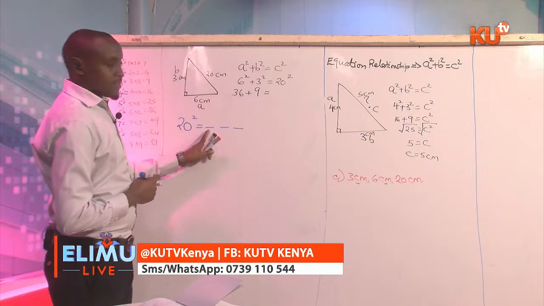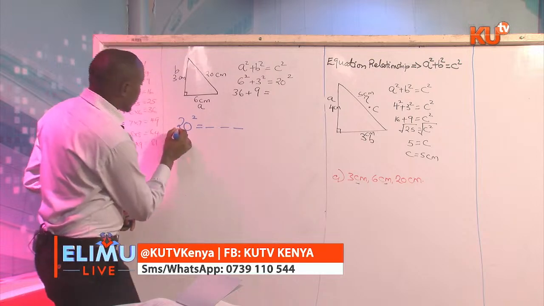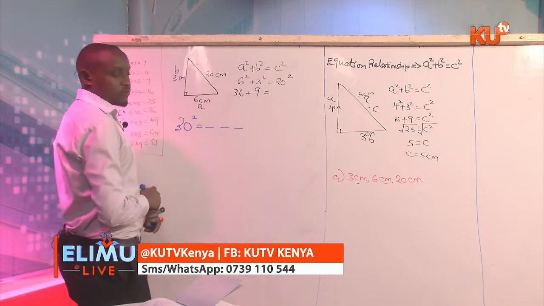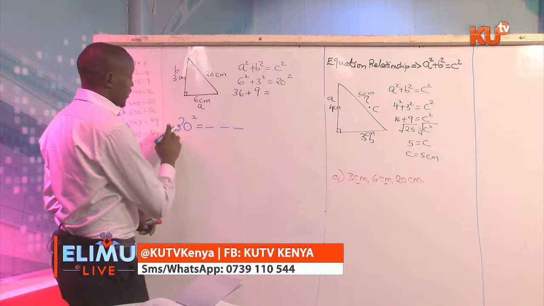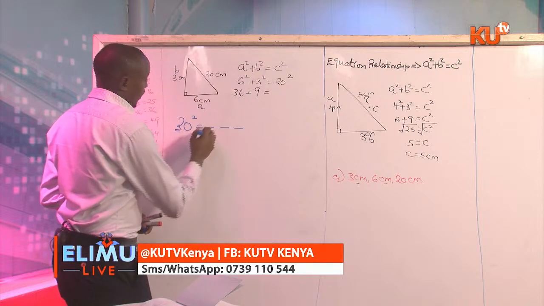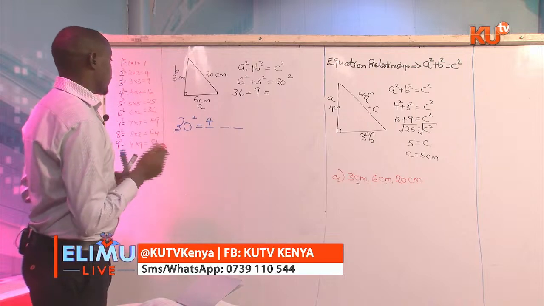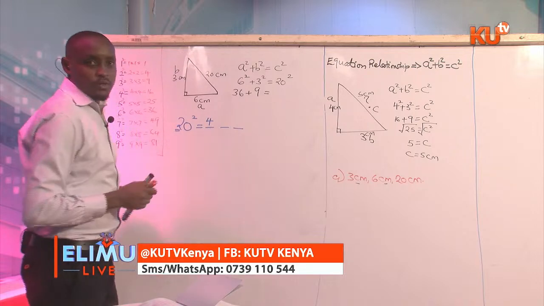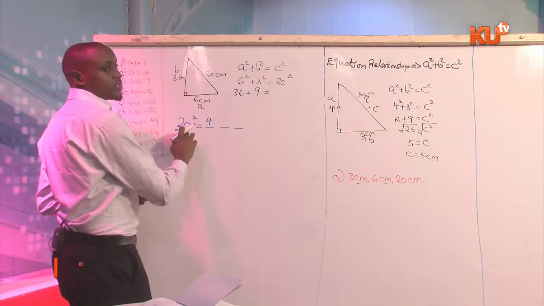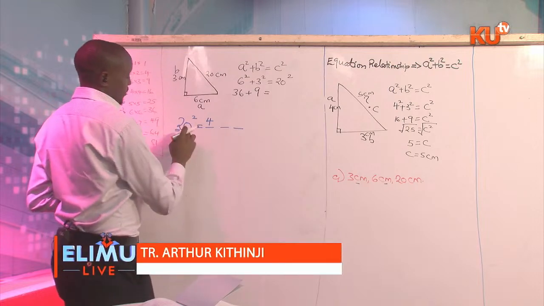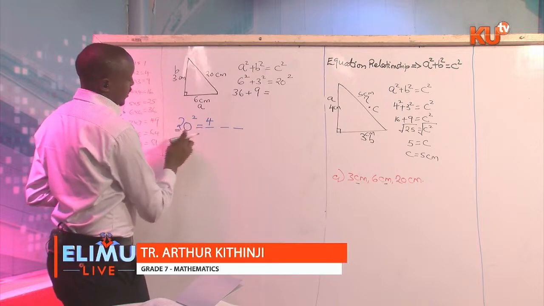The first gap we shall fill with the square of the first digit, which is 2, or the digit in the tens. So 2 squared is 4. And then the last box, let's leave the middle one. We shall fill with the square of the digit in ones, which is 0.